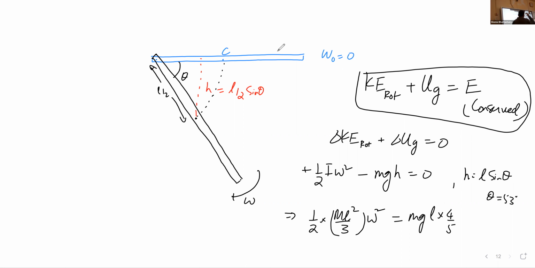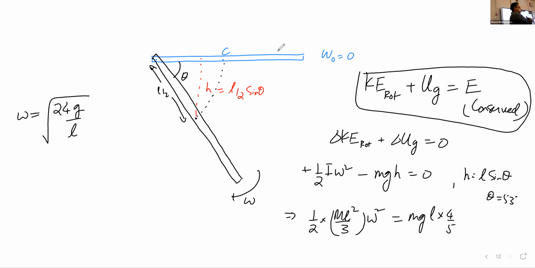So let's see what we are getting. Parametrically, omega is becoming how much now? 24 by 5 g by l square root, right? Just check my working.